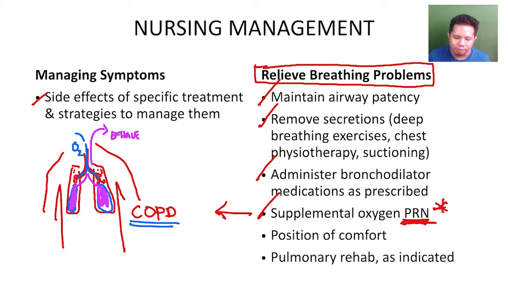There would be a decrease in elimination of carbon dioxide in the body. So the more oxygen you give, the more carbon dioxide would be retained, because the patient cannot easily exhale it due to the obstruction in the lungs.